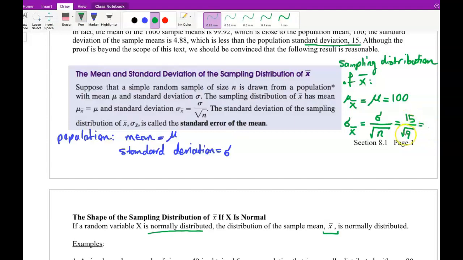The answer is 15 divided by square root of 9, which is 3, so here it is 5.